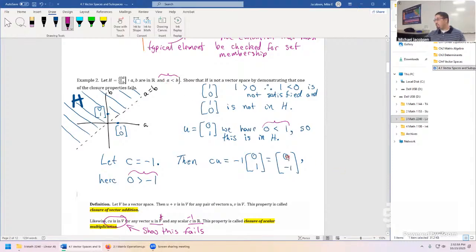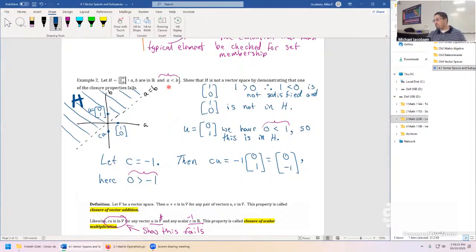We don't have the first entry less than the second entry, or we could visualize it as multiplying by -1, and we ended up down here. So over here, this is CU, if this is the vector U. We've clearly seen visually we've left the set, but checking with the set is a good idea since it's not always easy to actually graph what your vector space looks like.